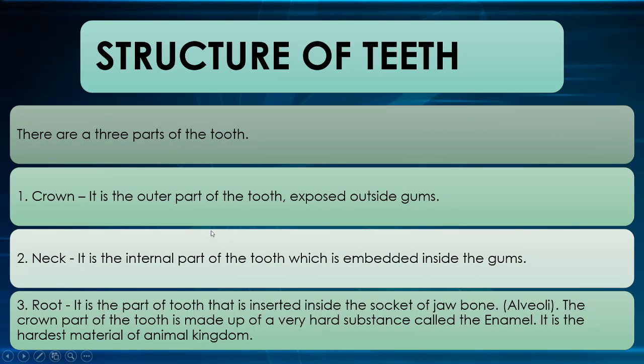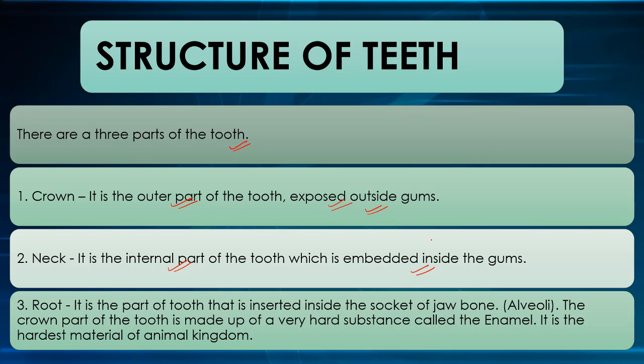Structure of teeth. The tooth basically has three parts. The crown, which is visible, is the outer part of the tooth exposed outside the gums. The neck is the internal part of the tooth which is embedded inside the gums.